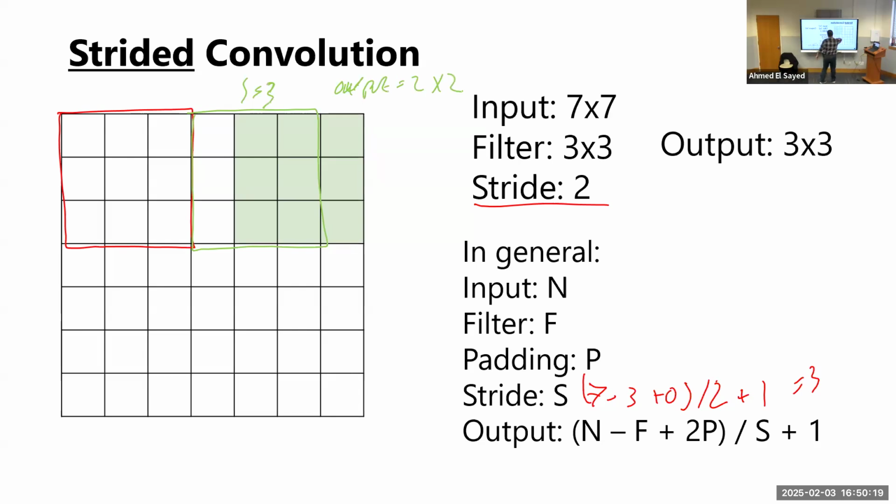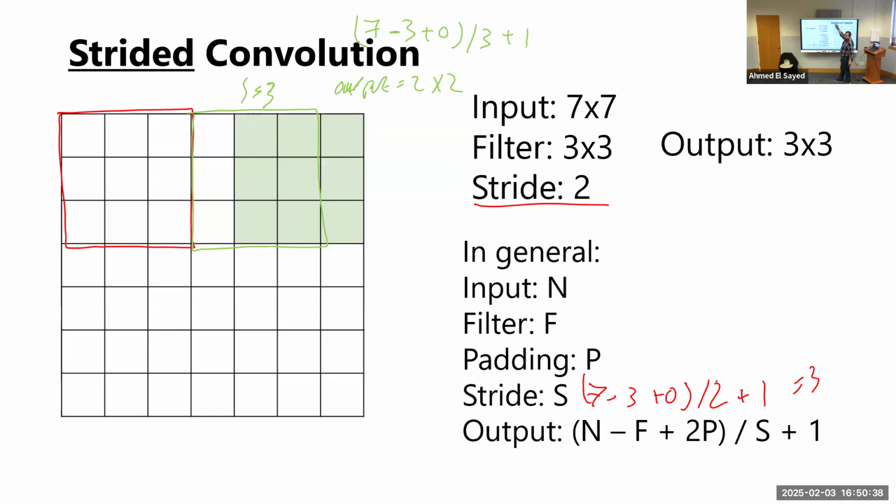Let's check the equation. Will it apply in this case or no? N equal 7 minus F, which is 3, the padding is 0, over 3, plus 1.